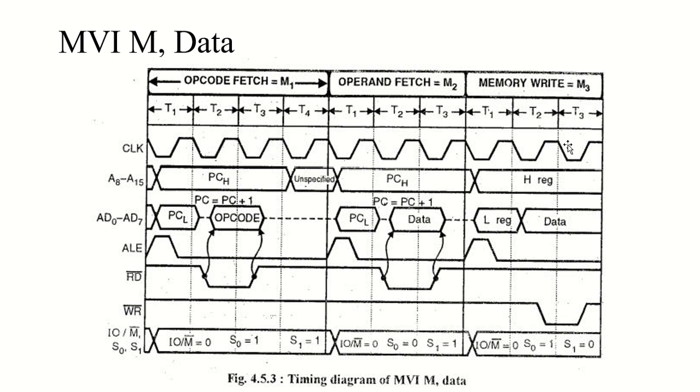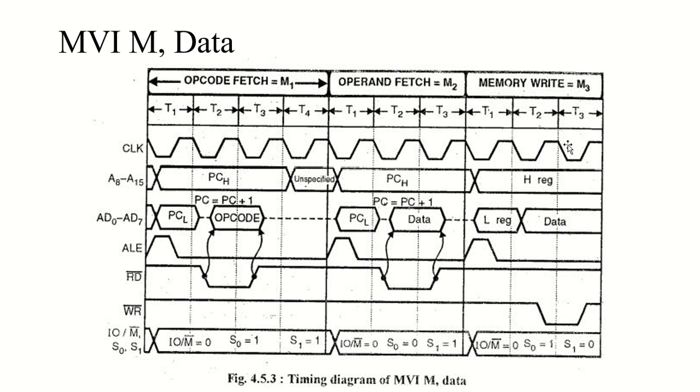But as I've said, this instruction loads 8-bit data specified within the instruction to the memory location pointed to by the HL register pair. And as we are taking 3 machine cycles, it will be a 3 byte instruction, right?